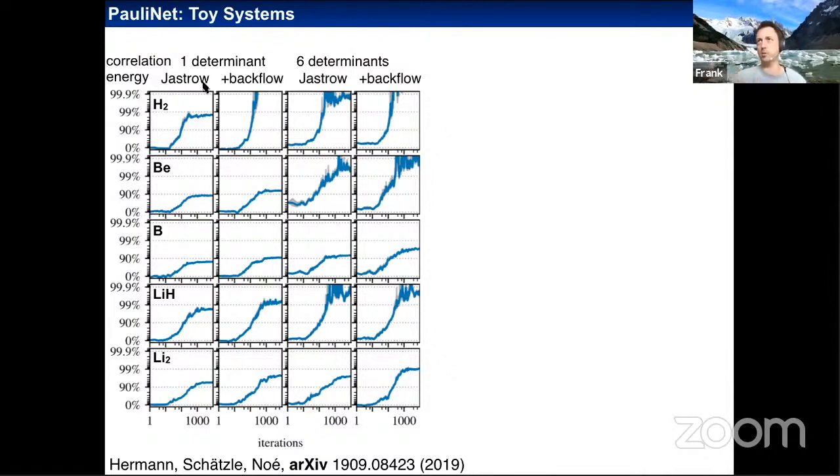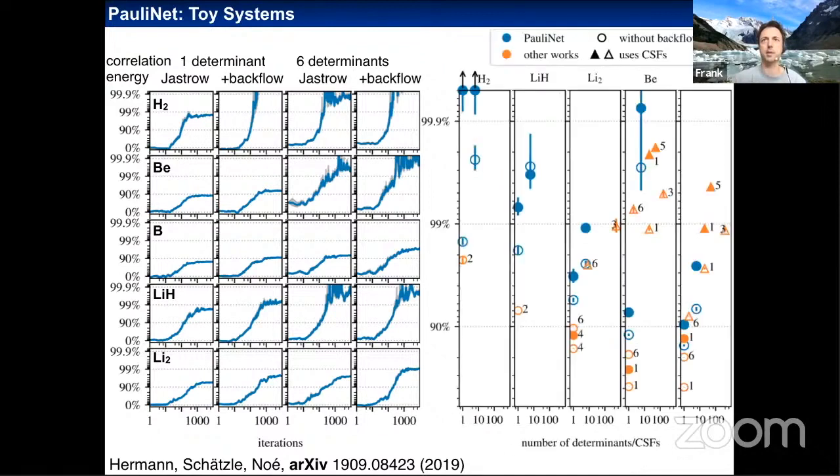That's what's usually done in variational quantum Monte Carlo. And here we switch on the backflow, so we additionally have this nonlinear training of the orbitals. Right, and you see that both things help. Using the backflow helps us get more accurate. Using more determinants also helps us get more accurate.